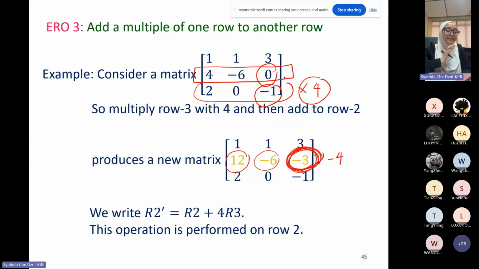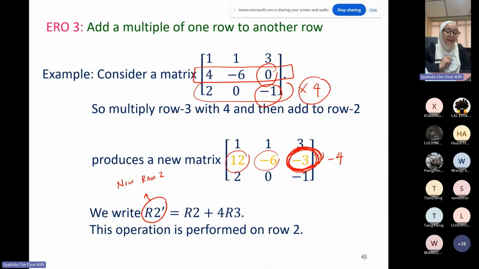And we perform this operation on row number 2, right? Row number 2 changes, so that is why we write this to indicate new row 2. But how do we get this new row 2?